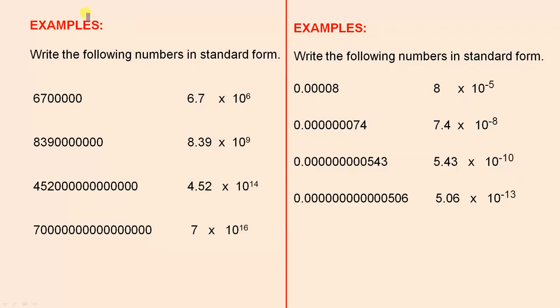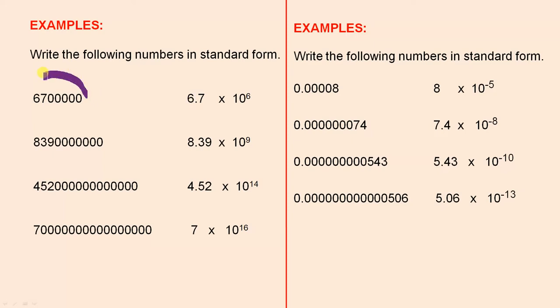Now here we have some examples. Write the following numbers in standard form. These four examples are very large numbers. If you remember, we need a number which is 1 or greater than 1 and less than 10. So where do we place the decimal point so that this number is less than 10 but greater than or equal to 1?